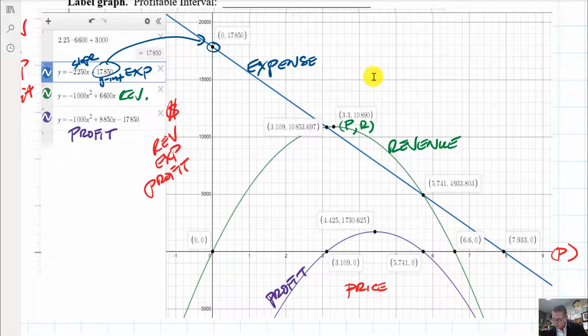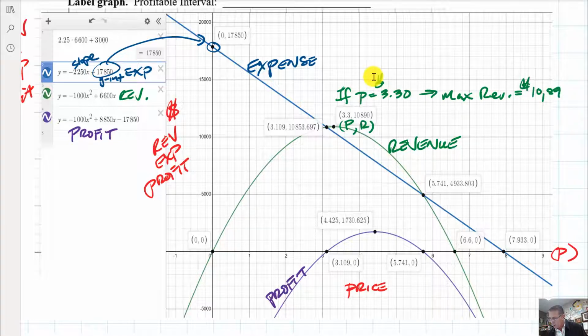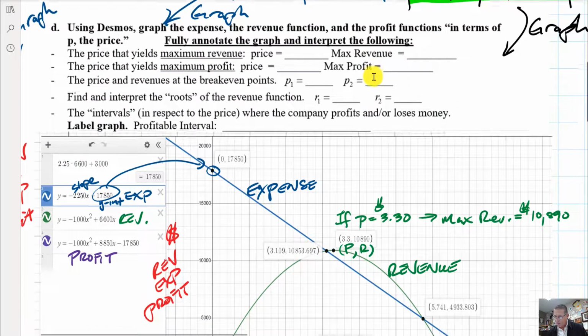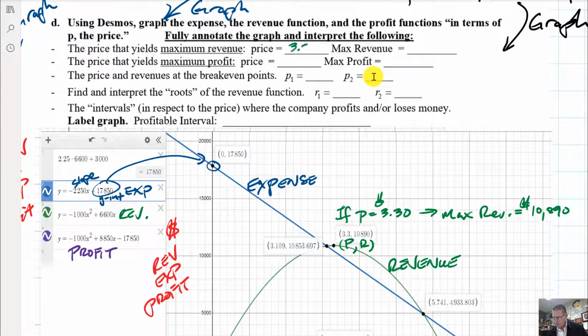What this tells me is that if P is $3.30, we have a maximum revenue of $10,890. So $3.30 gives a max revenue of $10,890. Always put dollar signs, commas, and decimal points in your currencies.